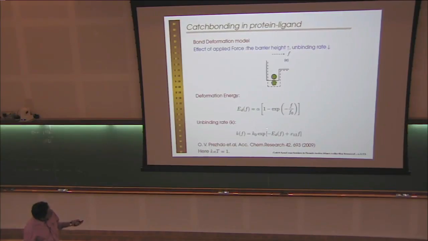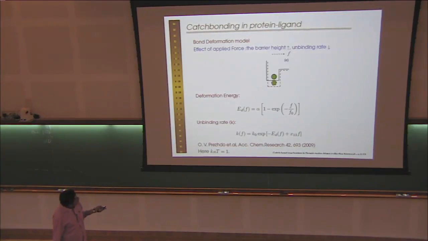Once you include this term, there is a competition between this Catchbonding effect and the usual slip behavior. If your deformation energy strength is sufficiently high, then for an initially small range of force, the unbinding rate will first decrease, and then eventually it will increase for higher ranges of force. Now this is a very general model.